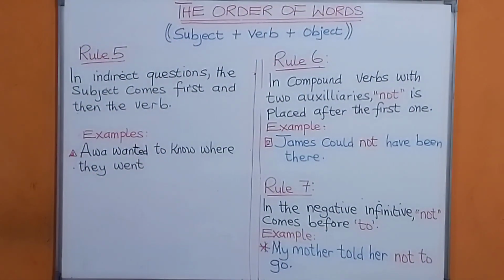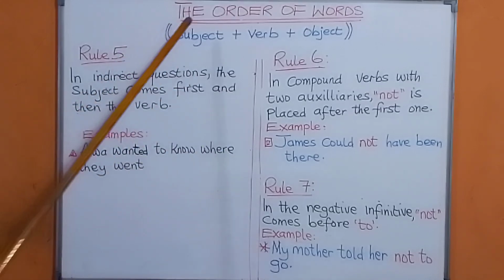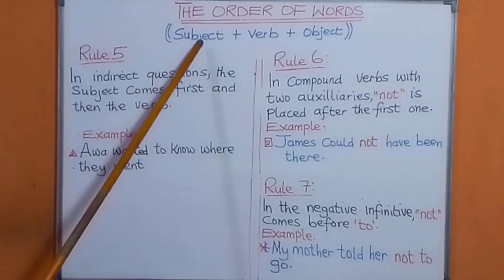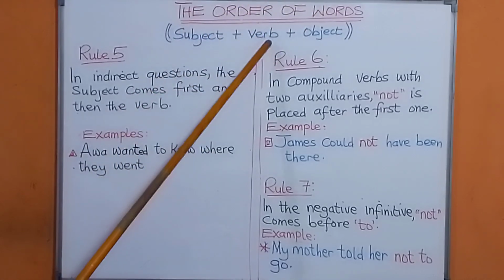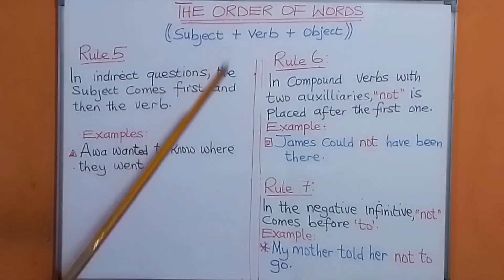And so that's our lessons on the correct order of words. Rules 5, 6, and 7. Remember we said the correct order of words: you put the subject first, then the verb before the object.